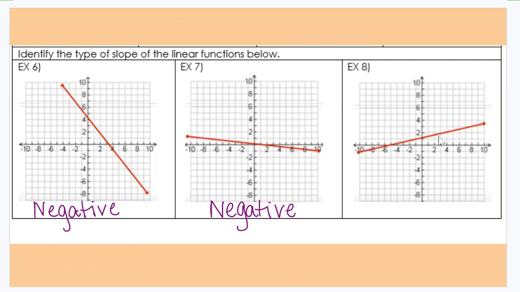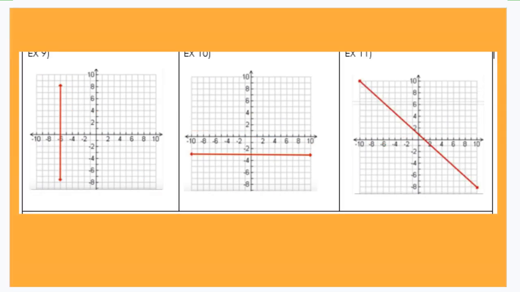Example 8, as you move across the graph from left to right, this one is going uphill, so that means that it is a positive slope. Example 9, this one is our vertical line, and it has an undefined slope.